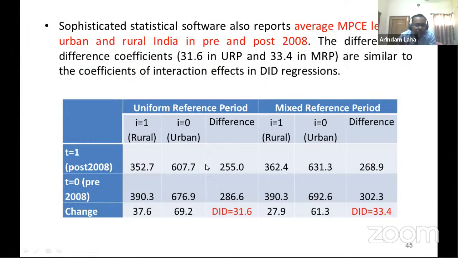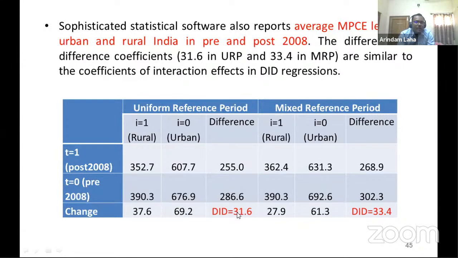Okay, so you can calculate it by using your statistical software. How it is possible, I shall show you later. Okay, it can be calculated. Now from there you can calculate the difference. So this is the first difference, this is the second difference, and this is the difference in difference. Okay, 31.6 relative change in the consumption expenditure.